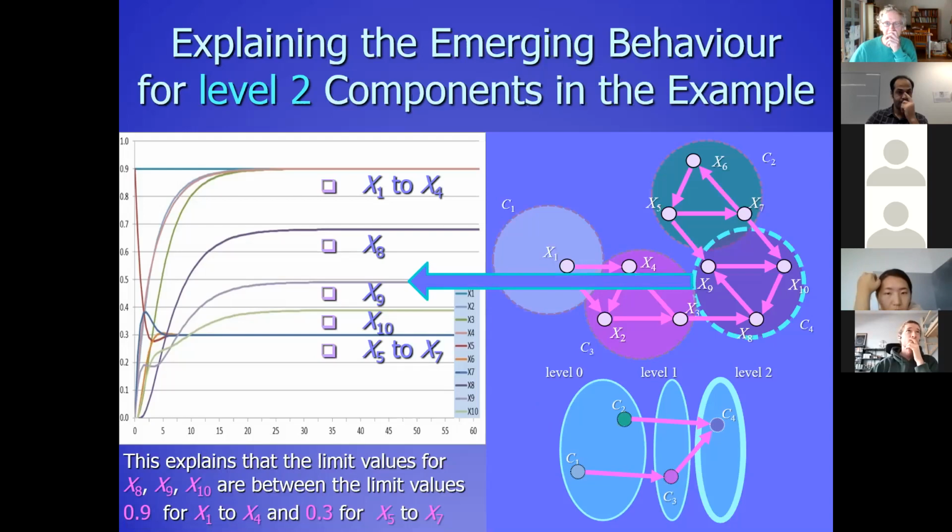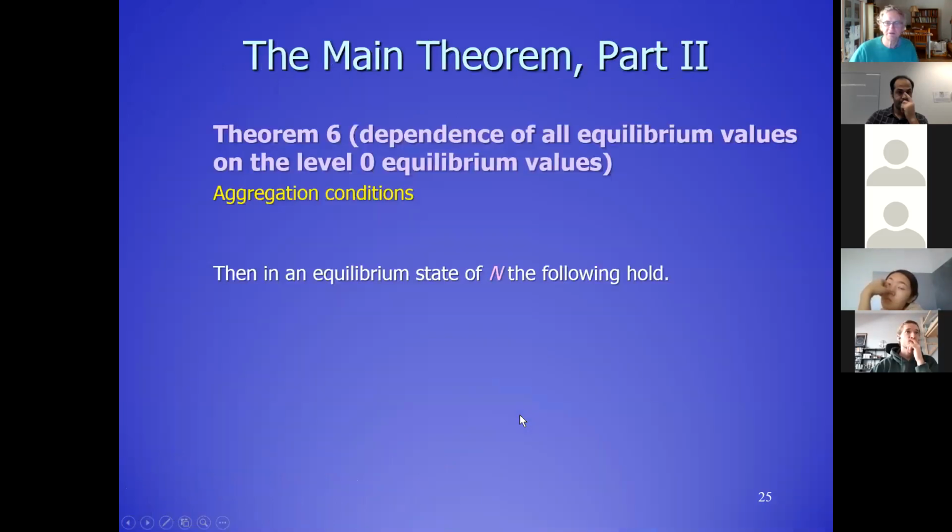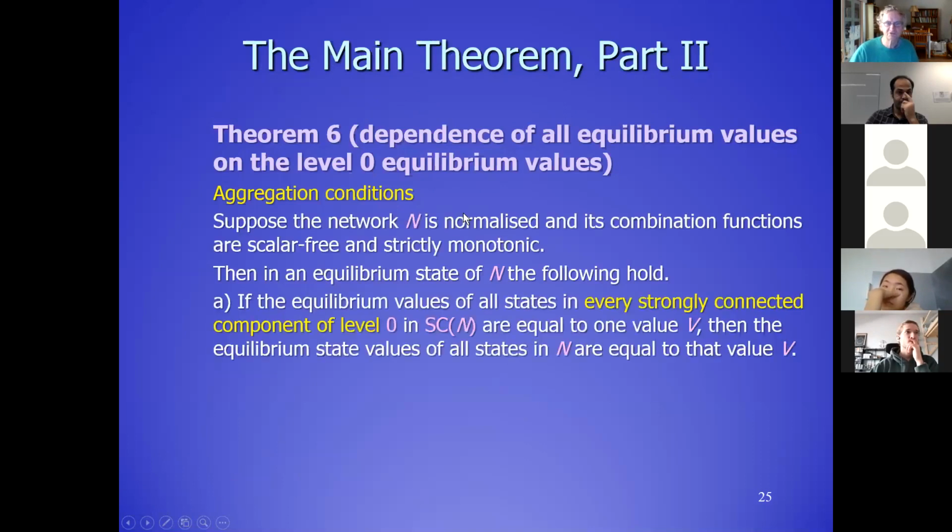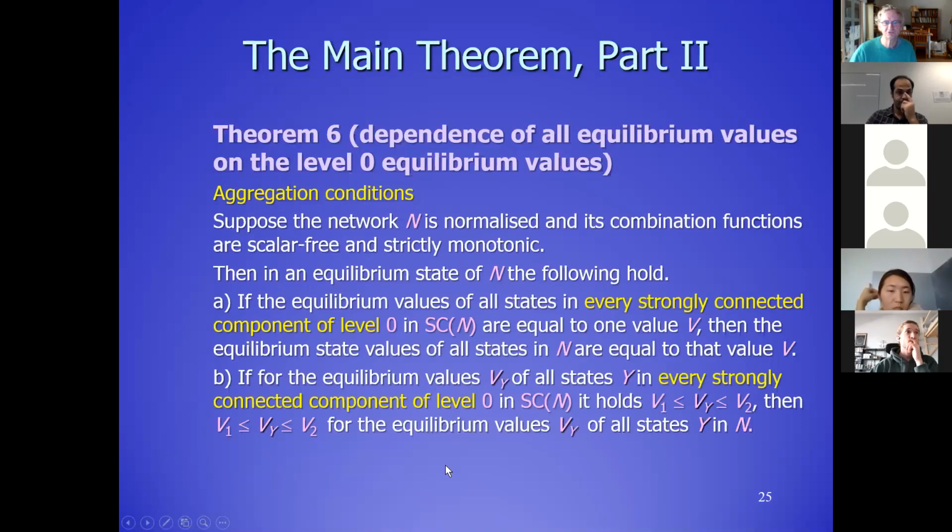Let me make some further steps, but this is already the main message that comes out of today's lecture. I have some condensed theorems that relate things at once. This is a kind of transitive closure of the other theorems, that relates level 0 immediately to all other states, just by eliminating the intermediate steps.